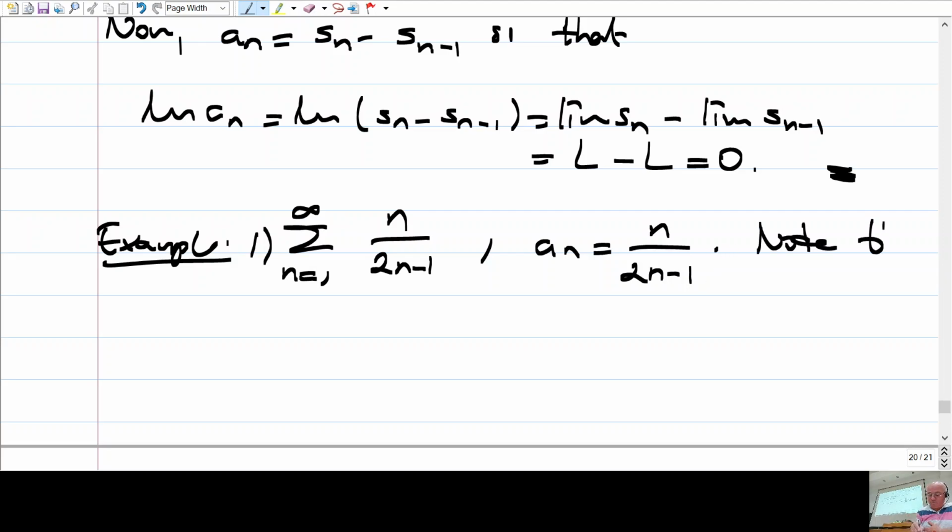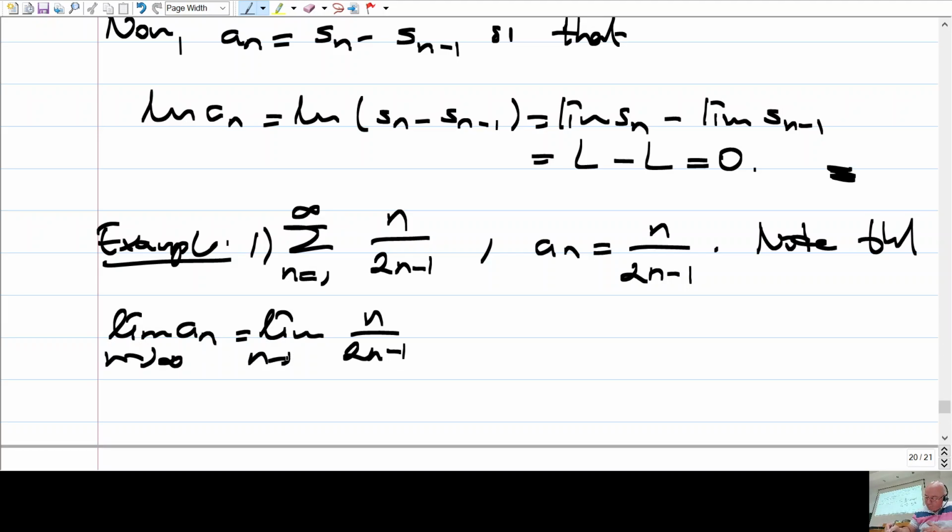Note that the limit of a_n as n goes to infinity, n over 2n minus 1, I can divide both numerator and denominator by n, so I get 1 over 2 minus 1 over n, right?